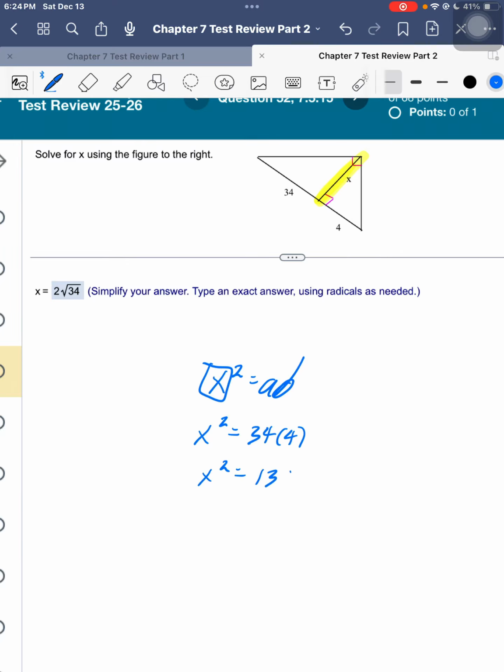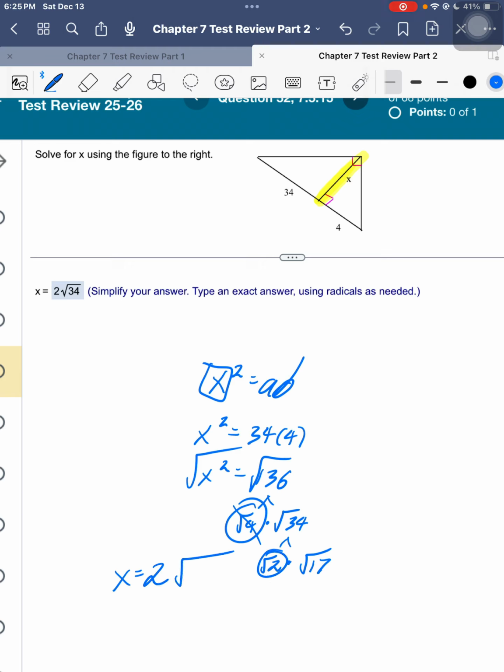is 136. If we square root, I know this can be square root of 4 times square root of 34. This is square root of 2 times square root of 17. And that's it. 4 comes out to give me a 2. This 2, there's no other 2's there, so this stays inside the radical.